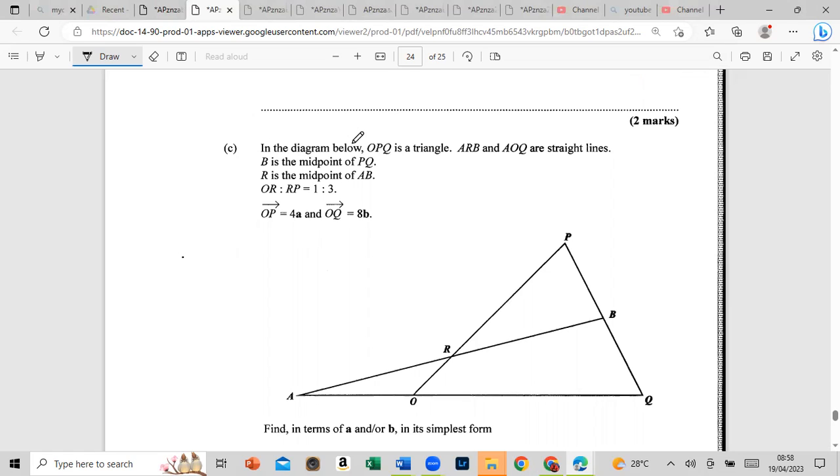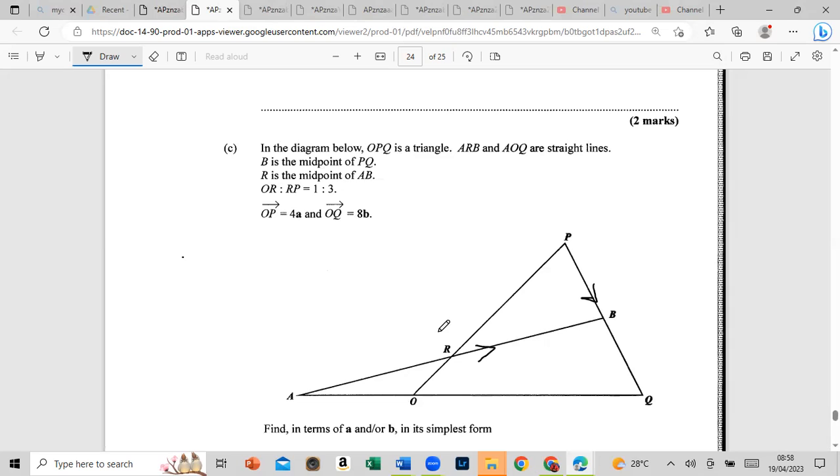It's step by step. In the diagram, it says B is the midpoint of PQ. So already we know that it's going in this direction because it's said from P to Q. So the arrow should be in this direction. R is the midpoint of AB, so it's from A to B, so the arrow is going in this direction.